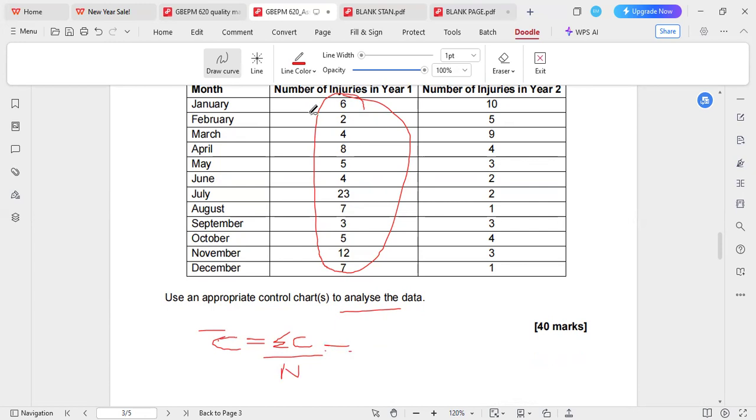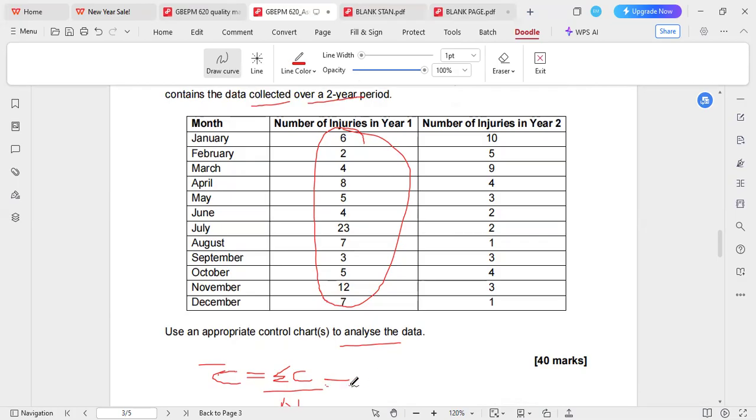So the first one will be 6 plus 2 plus 4 plus 8 plus 5 plus 4 plus 23 plus 7 plus 3 plus 5 plus 12 plus 7.